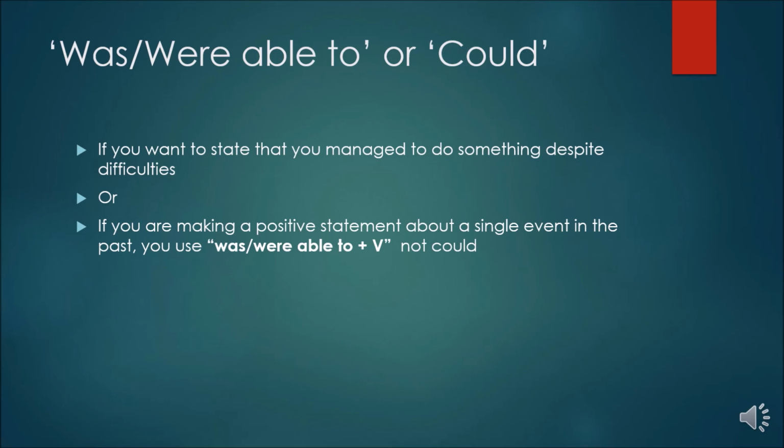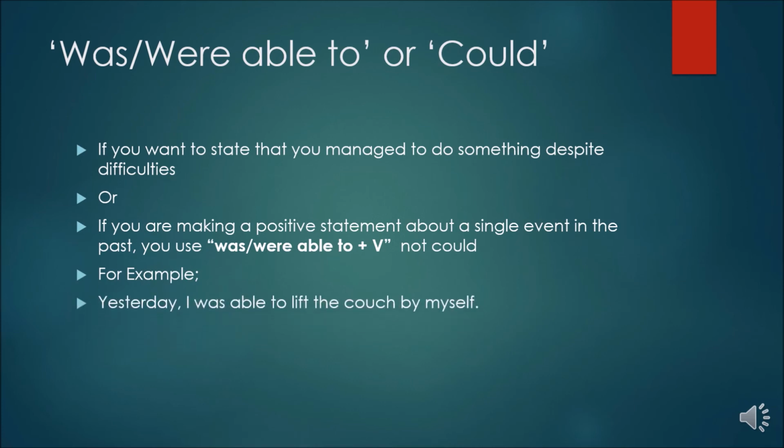In summary, could is used for general ability in the past and was, were able to is used for single events or difficult situations. So, the sentence that we saw in the previous slide should be, yesterday I was able to lift the couch by myself, because this one is a single event.